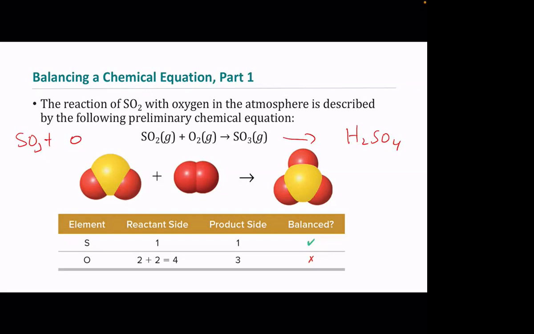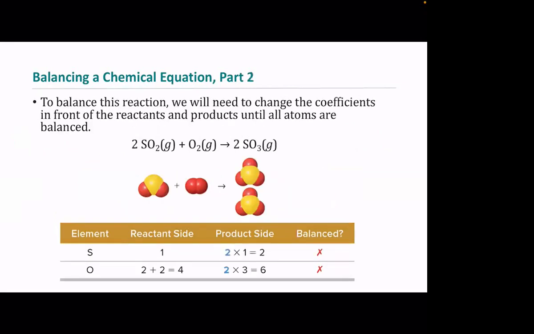That's why we tend to think of these on molar scales. Okay? And then one will limit how much SO3 forms, and you'll have leftover of the other one, right? That's all. You can't look at this on a basis like that. The reaction will not occur if you're looking at individual molecules and atoms. So it's easy enough to balance by putting a 2 all the way on the right and all the way on the left.